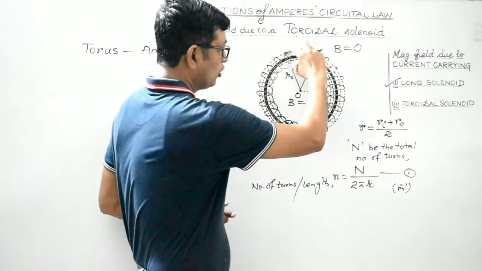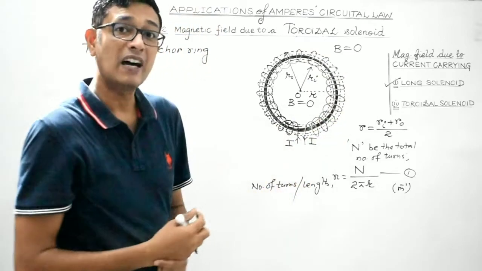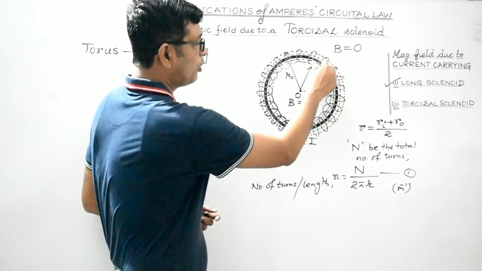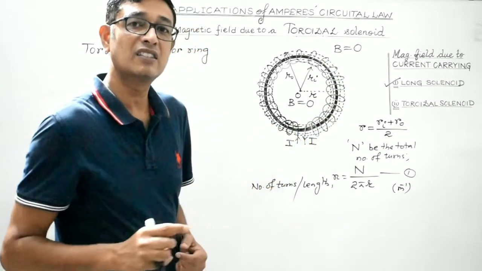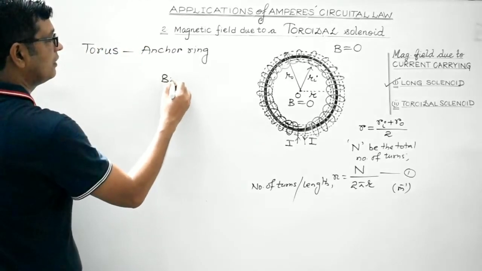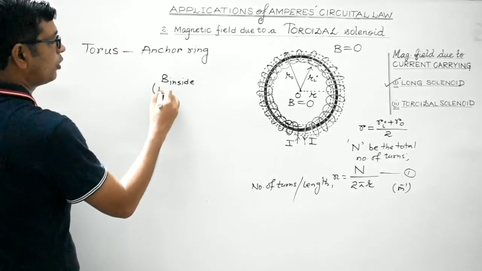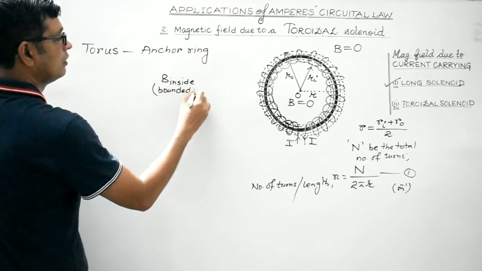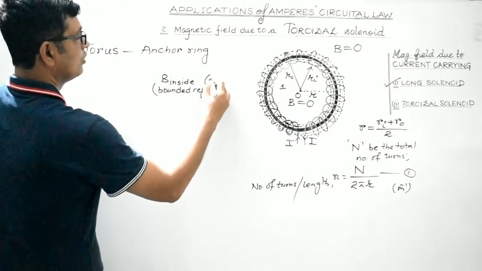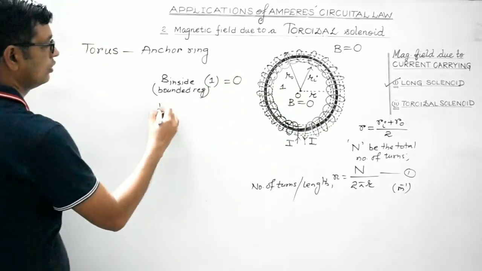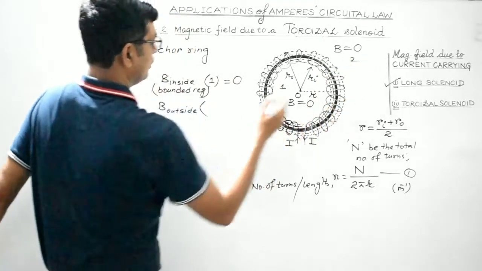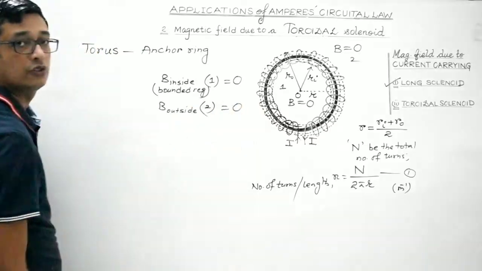And here you can also see the field lines are parallel to each other. Therefore, the magnetic field strength at any point inside the toroidal solenoid may be considered to be constant, right? So these are the points. B inside the bounded region, this is the bounded region, region 1, is equal to 0. B outside, suppose this is the second region, is also 0.